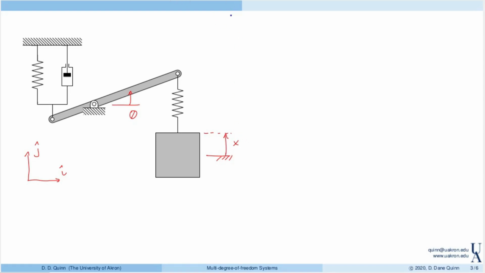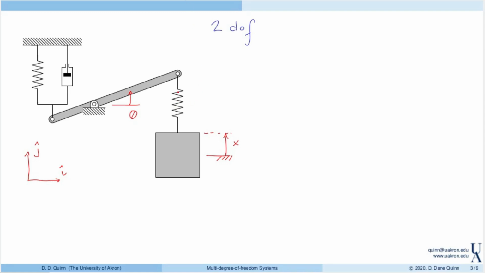Notice that this is a 2-degree of freedom system because we need to know where the bar is, and that can be done with the angle theta, and then we need to know where the block is, and that can be specified by the displacement x.